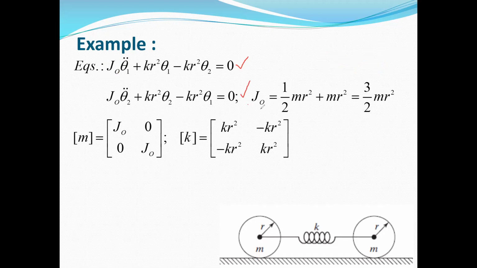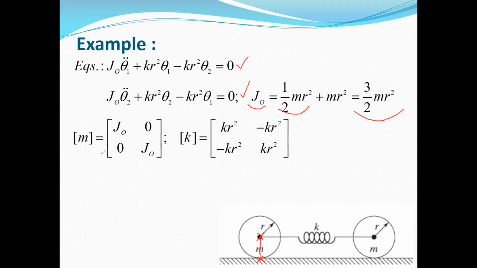And as I told you, Jo is the mass moment of inertia about this point, which is equal to the mass moment of inertia about the mass center for a cylinder, which is half mr squared, plus md squared, where d is the distance between the mass center and the point O, which is equal to r, so plus mr squared, and finally it's equal to 3 over 2 times mr squared.